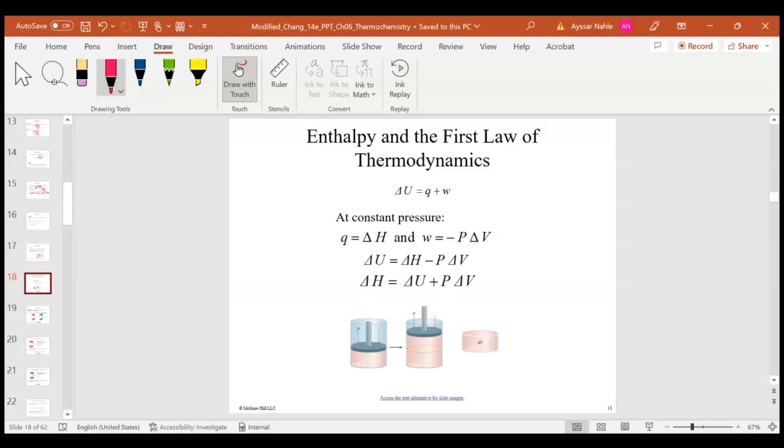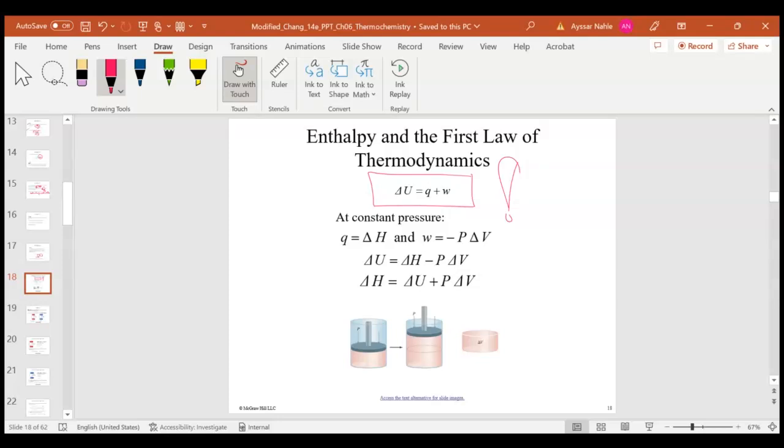Okay, now enthalpy and the first law of thermodynamics. You have to memorize this: the internal energy change of any system depends on the work and on the heat.